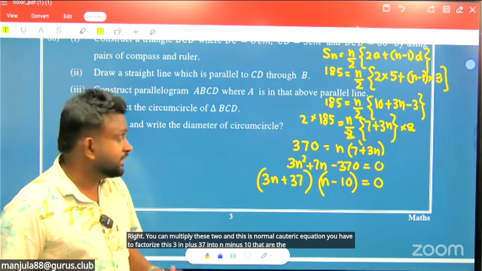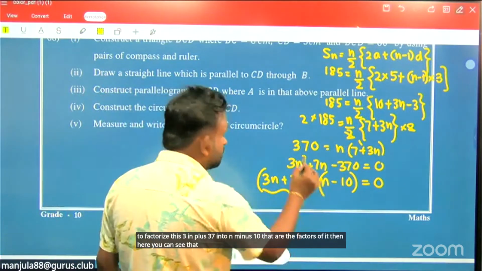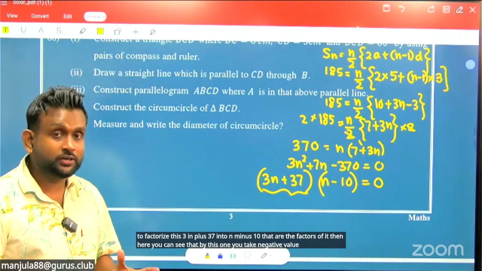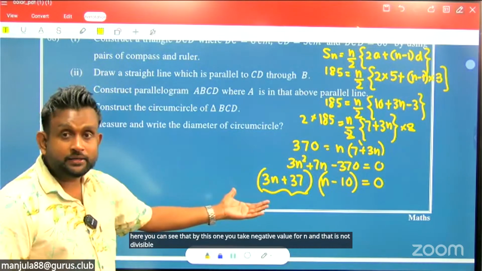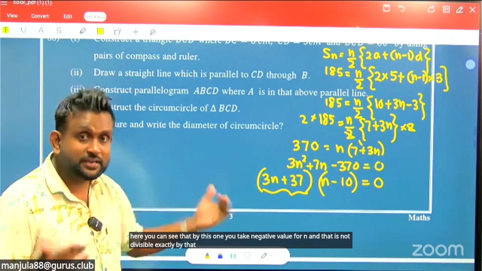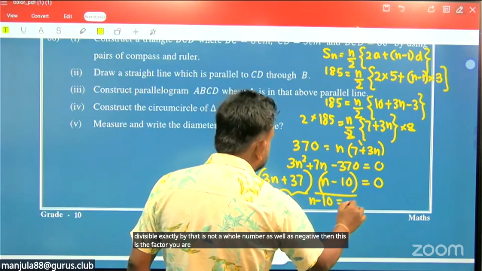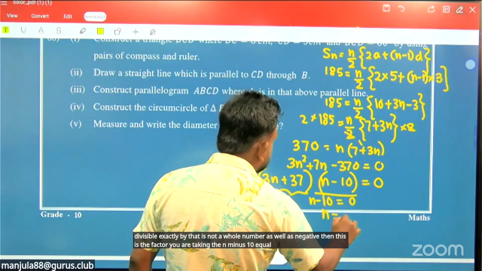From the first factor you get a negative value for n, which is not a whole number as well as negative. So you take the factor n minus 10 equals 0, then n is positive 10.